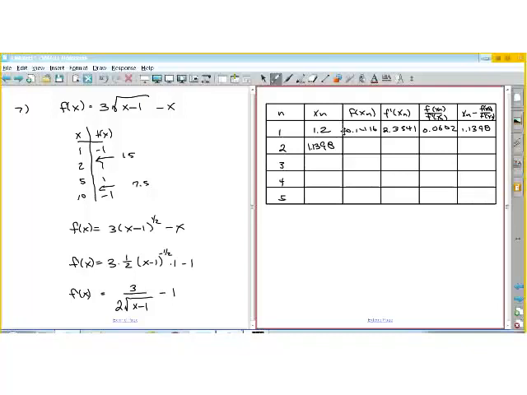So now I do it again, 3 times the square root of 1.1398 minus 1, minus 1.1398. And I get negative 0.0181.